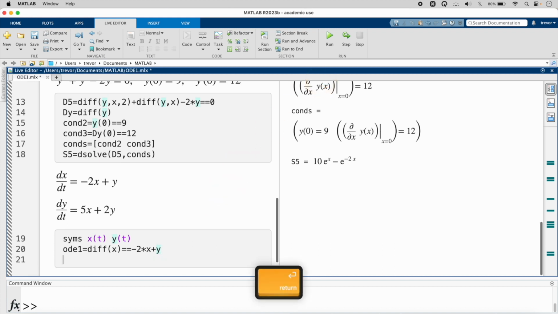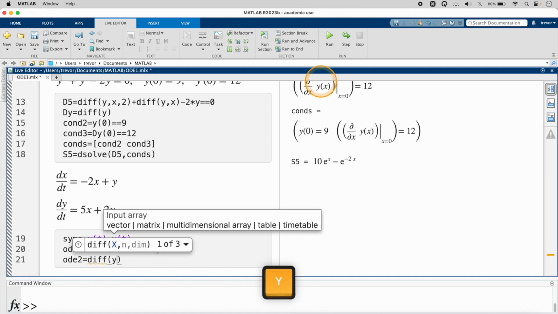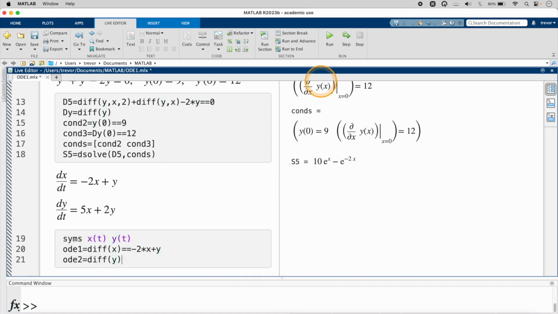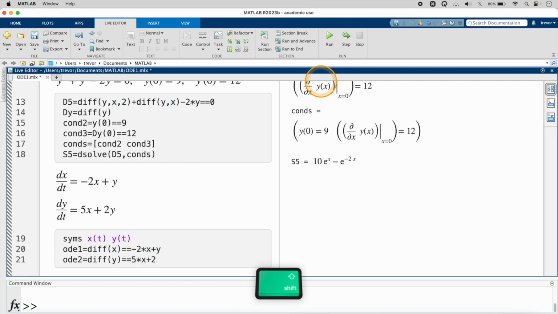Then the second one is ODE 2 is equal to the derivative of y. We don't specify again here because MATLAB will automatically take t as the default variable. We'll define the equation by double equal signs. So it will be 5 multiplied by x plus 2 multiplied by y.